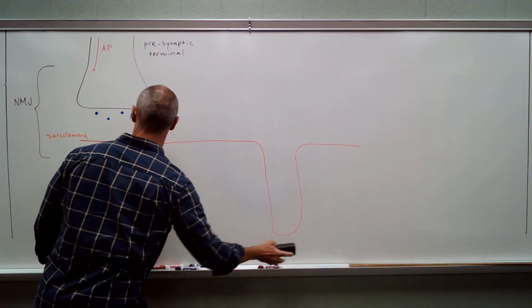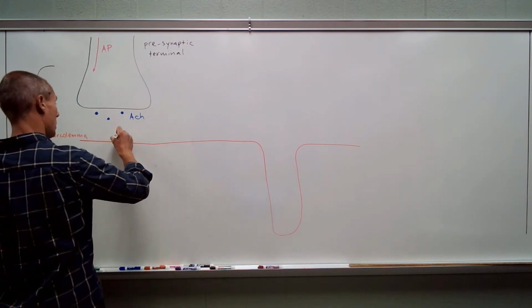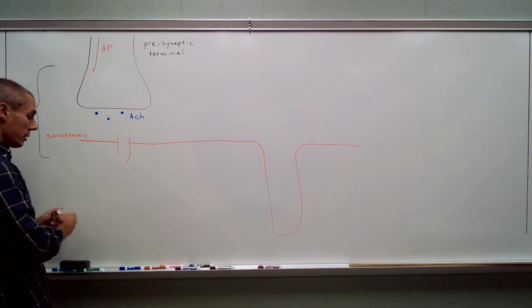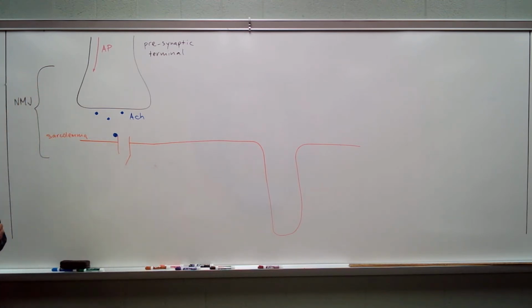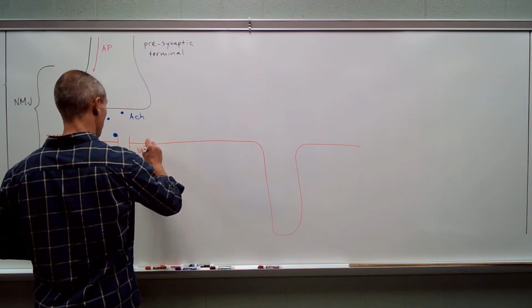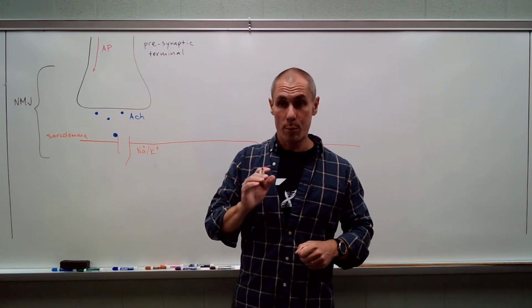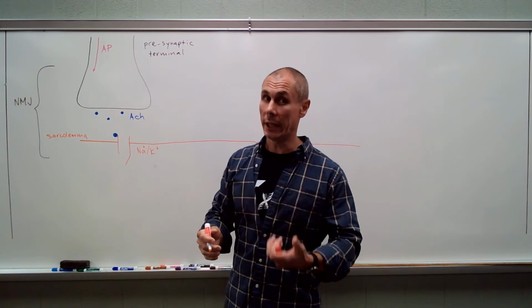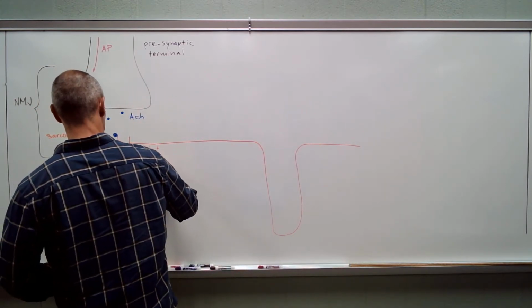Acetylcholine will open channels on the sarcolemma, and these are sodium, potassium. Since they are opened by a chemical, that's going to be ligand-gated channels, right? So, sodium, potassium, ligand-gated channels.